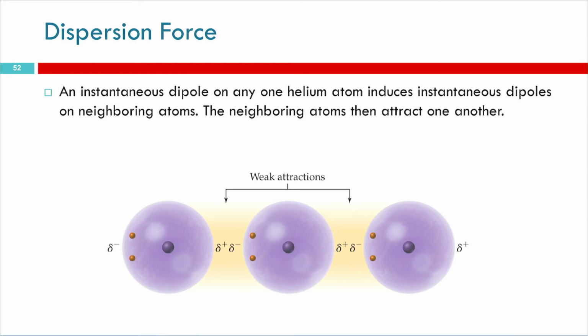So if you get an instantaneous dipole in any one helium atom, it induces an instantaneous dipole on the neighboring atoms. You can see how we've moved these electrons here. They've all moved over to the left side. And those weak attractions in between here are caused by the electrons shifting over to the opposite side of the atom.